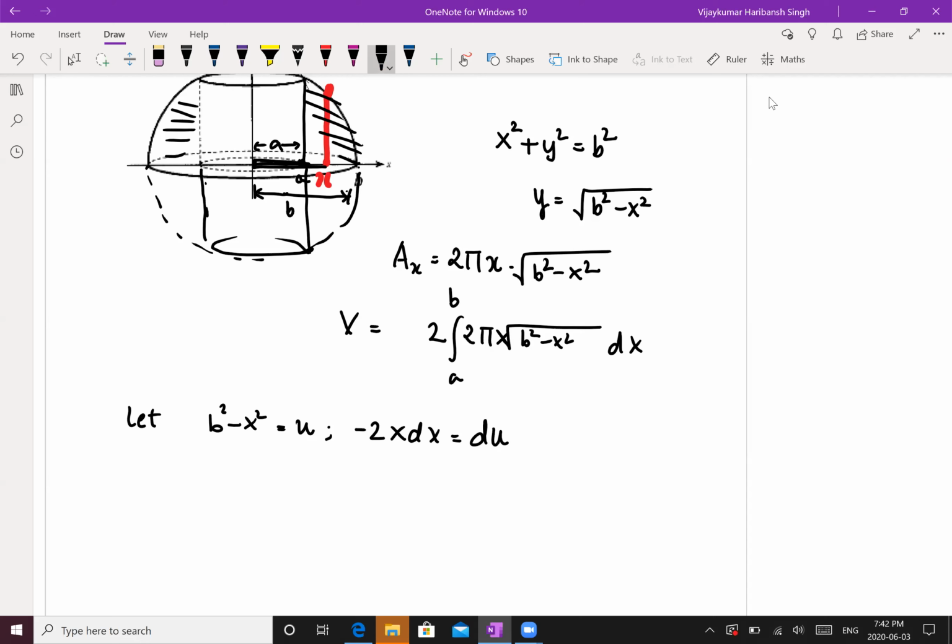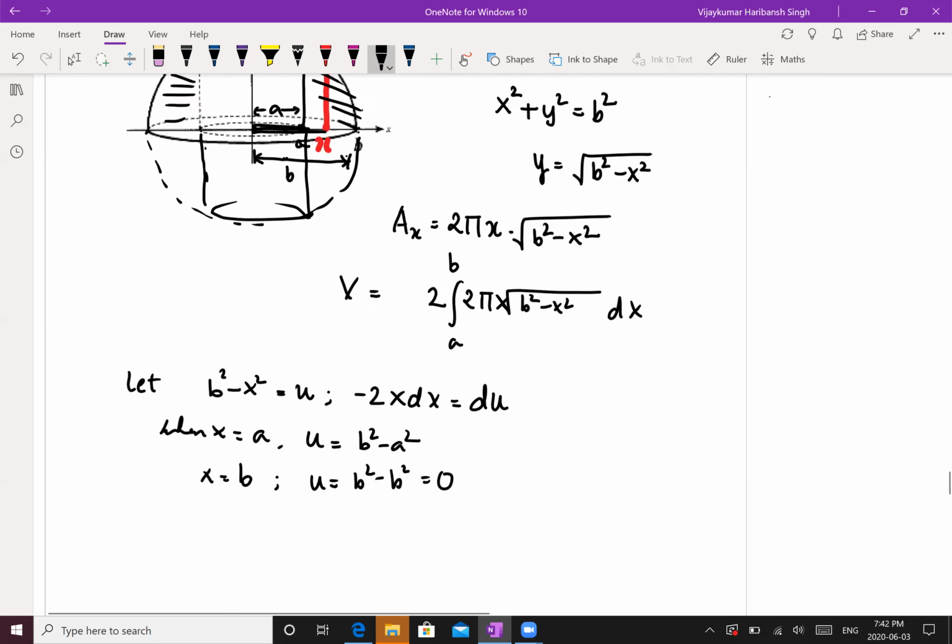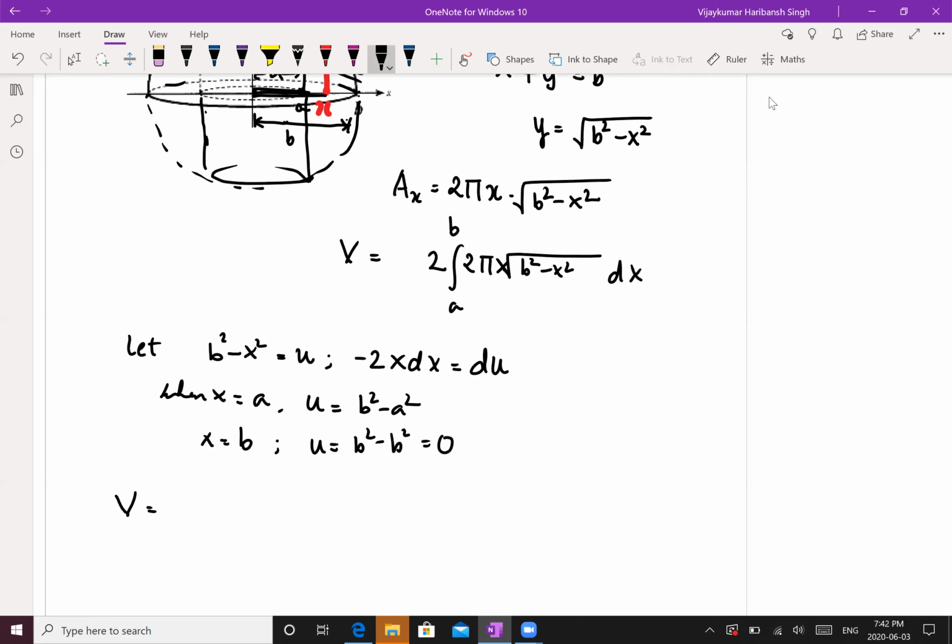We need to change the limits of integration as well. So when x equals a, your u is b squared minus a squared. And when x equals b, your u is b squared minus b squared, which is 0. So therefore, the volume becomes 2 times the integral, where instead of a, I will now have b squared minus a squared, and on top I will have 0.